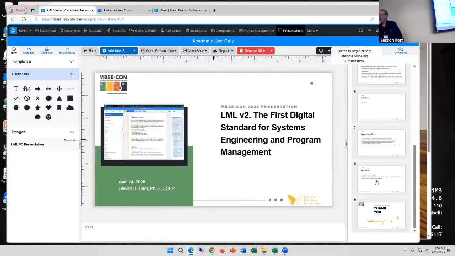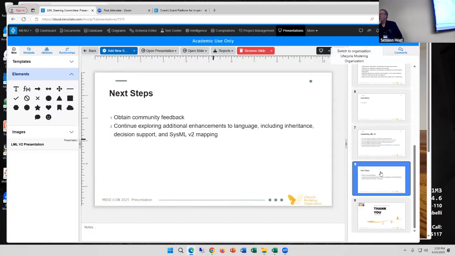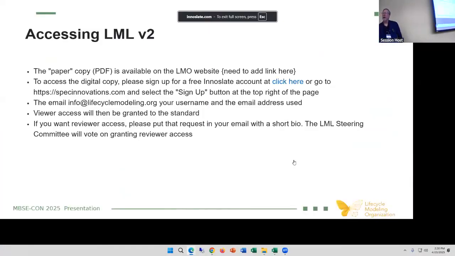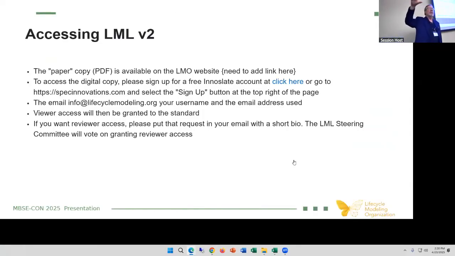Okay, so let's see, what are the next steps here? Oh, here we go. So, accessing it. I'm sorry, I thought I was done, but I'm not quite done yet. A paper copy is on the website already. If you go to the specification link on the main website at lifecyclemodeling.org, you can download the SysML LML v2.